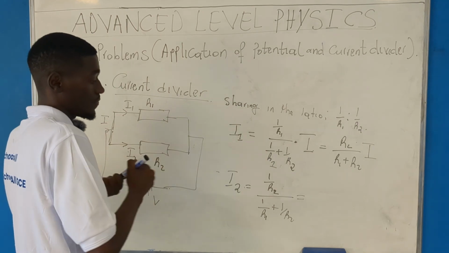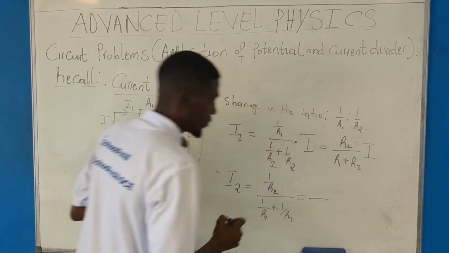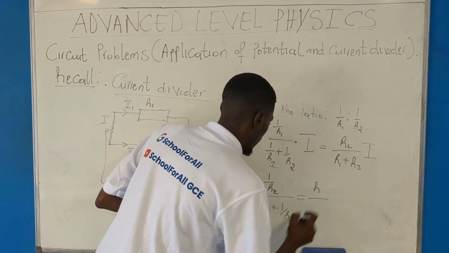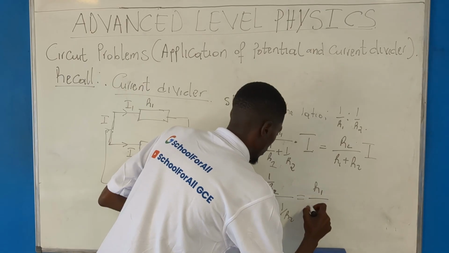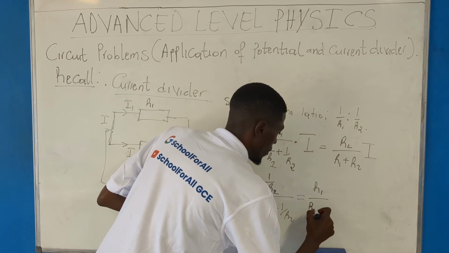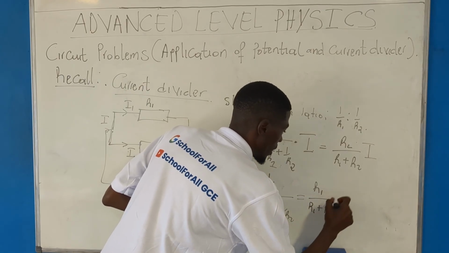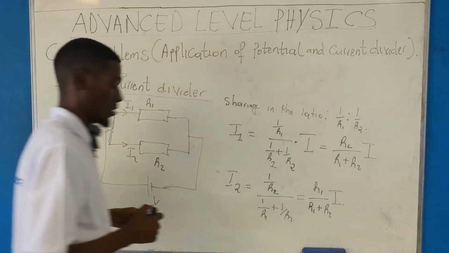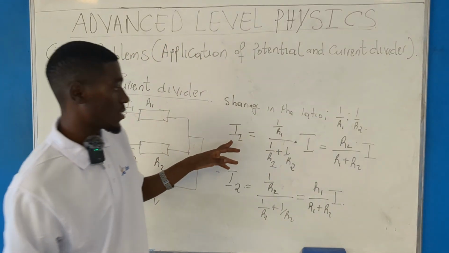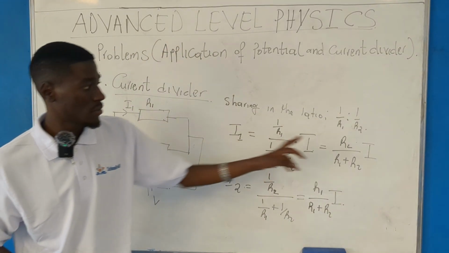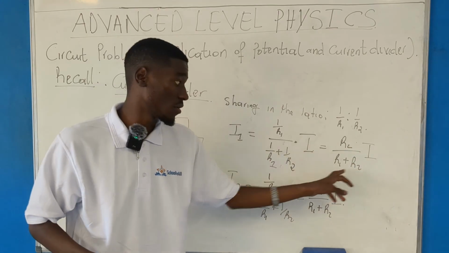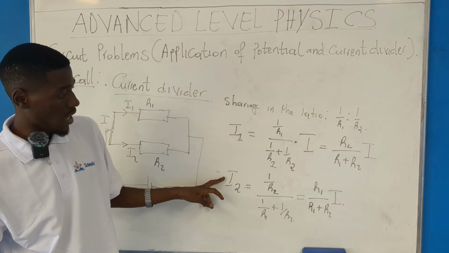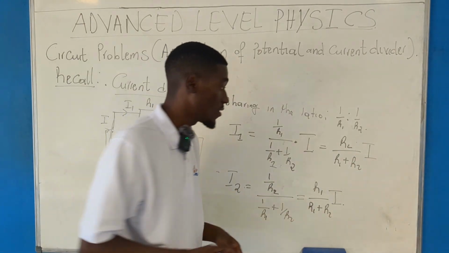You see here that on the numerator, I'll instead have R1 all over R1 plus R2, times the current being shared. So you can retain it like that. When you are looking for I1, you start with R2, then sum of the resistors. When you are looking for I2, you start with R1, then sum of the resistors.